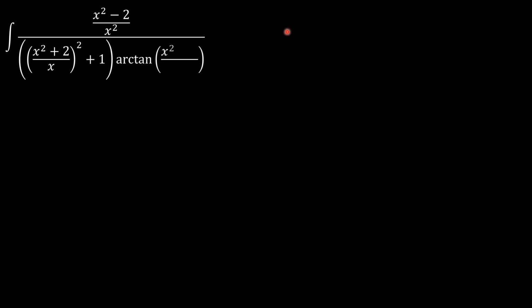Let's now transform this into the u domain. Whatever is in the numerator, x squared minus 2 over x squared times dx, is the same as sec squared u du, and x squared plus 2 over x is the same as tangent of u, and the arctangent of x squared plus 2 over x is the same as u. So that now compresses this integral into this simple integral.